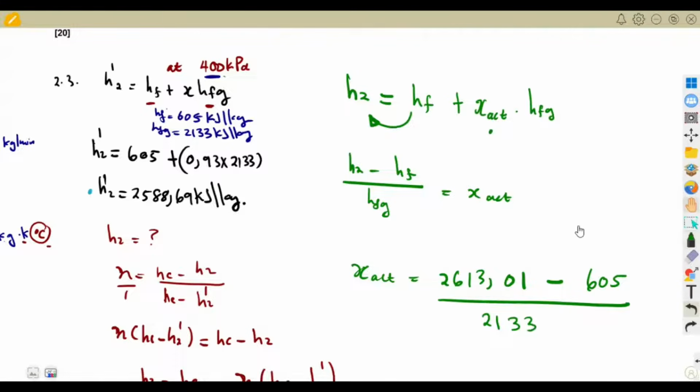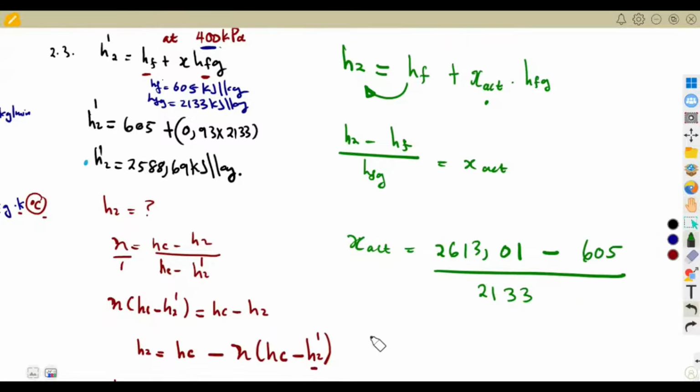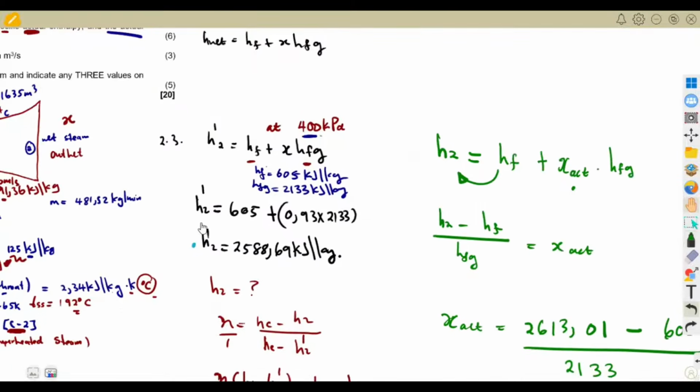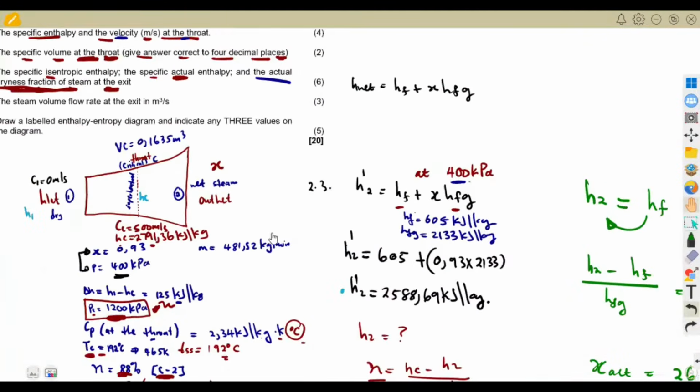So it's just a matter of substituting and finding the actual dryness fraction, which was going to give us 0.941 to 3 decimal places if you round off properly. So that was it in this case.